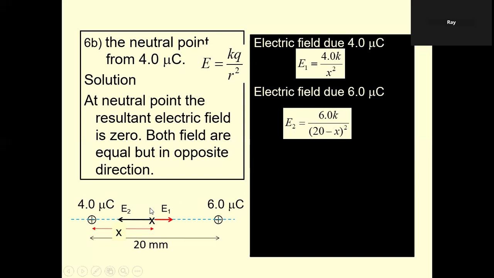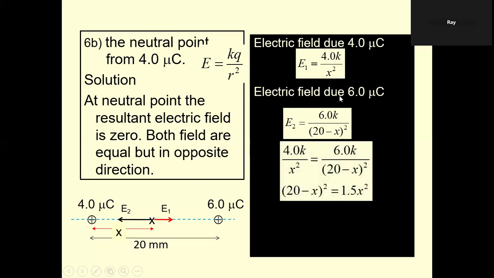So both of them are in opposite direction. So for it to be 0, both of them must be equal. And cancel the K. Cancel by 4, this is 1, cancel by 4 is 1.5 here.